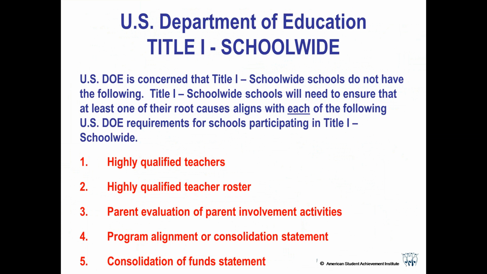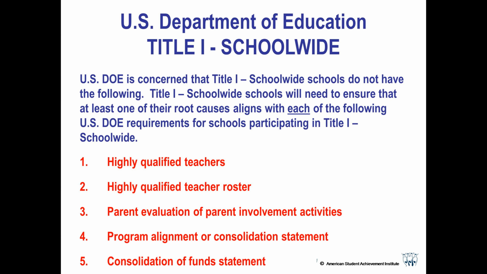Okay, then if you're a Title I school-wide school, you need to have a root cause around these things. Some of these are just a concern that you don't have the report. So in number 1, for example, that's not a report. In number 1, you're looking at some kind of root cause or concern about ensuring that all of your teachers are highly qualified, having all highly qualified teachers.